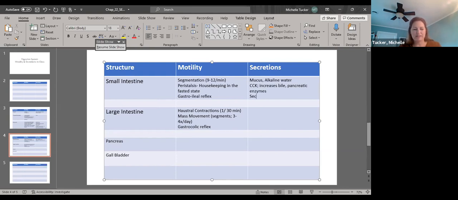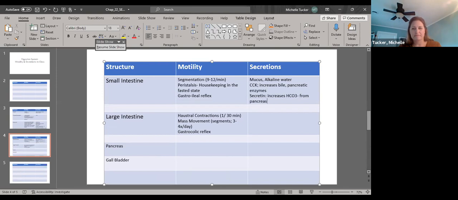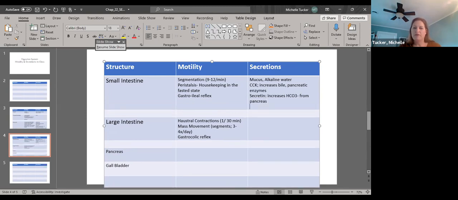It also secretes secretin, which increases bicarbonate from the pancreas. And then I'm going to put these down now so that they're all on the same table, but we're not going to talk about them really until we get to absorption and digestion.